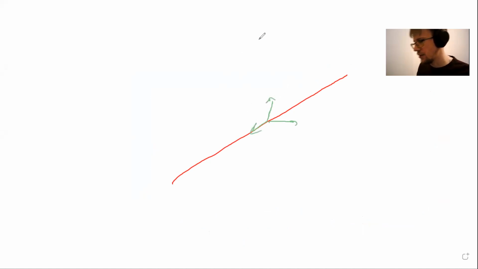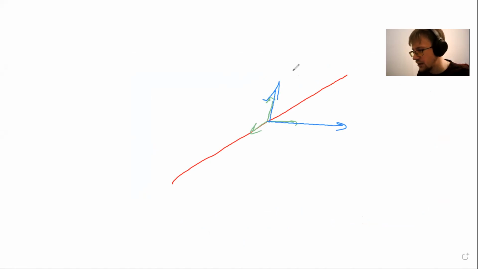What would be its orthogonal complement? Well, it is all vectors that are orthogonal to it. So all those vectors are orthogonal to this line.